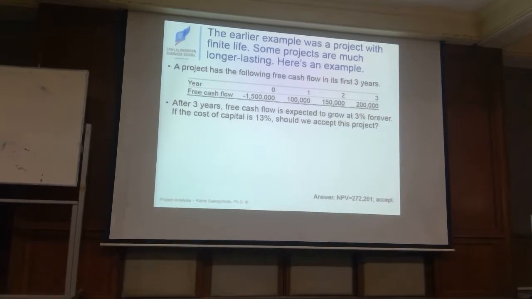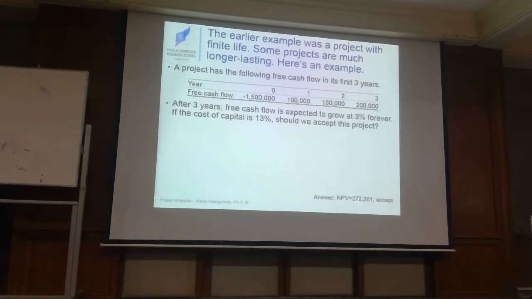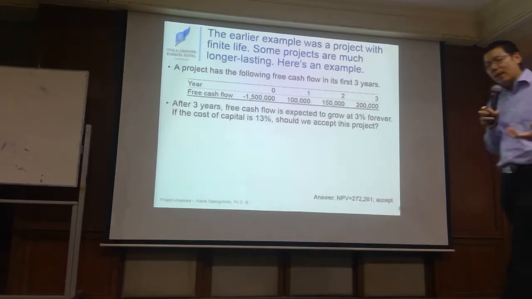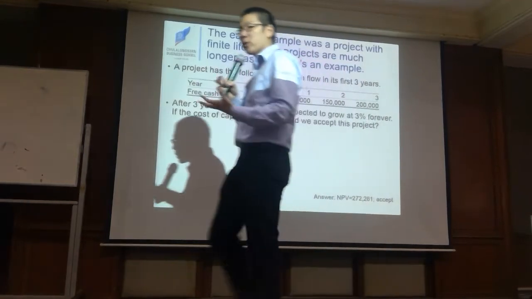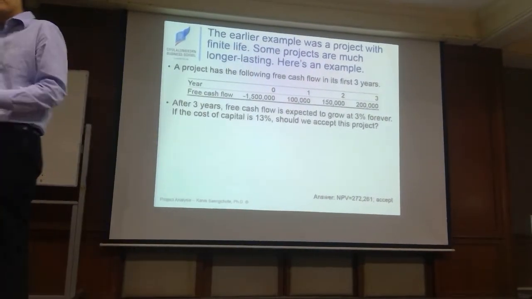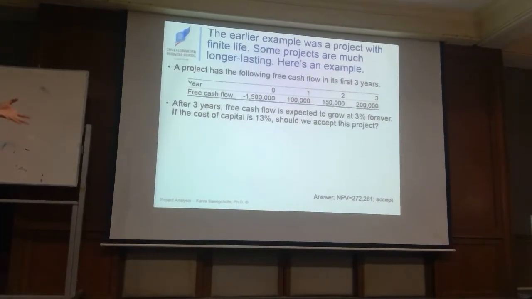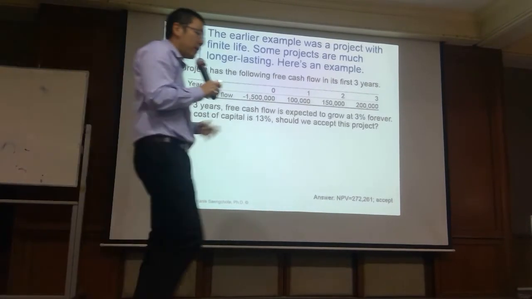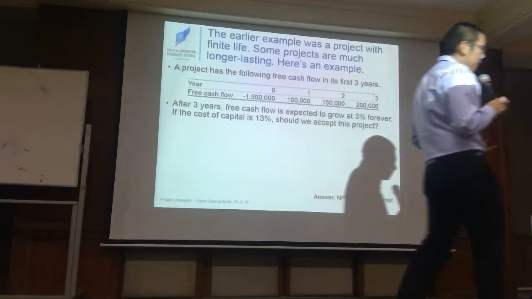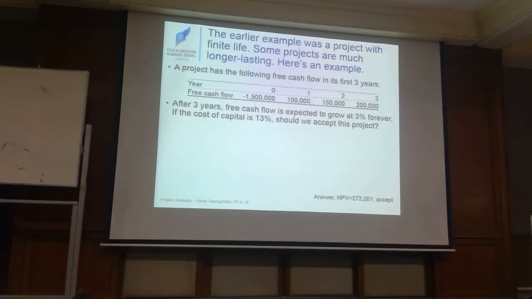So in this case, an example here is an investment of 1.5 million, which in the first 3 years you get back 100,000, 150, 200, and so on. So you know it hasn't really paid back yet, so you look at the numbers, you know it's not going to be worth it, just the numbers alone. But after year 3, you're still going to be receiving some cash flow. But instead of doing the projection out so far in the future, you replace that by a perpetual growth assumption instead.